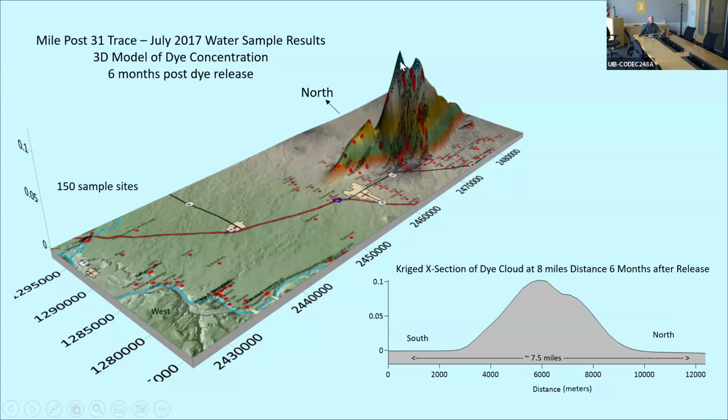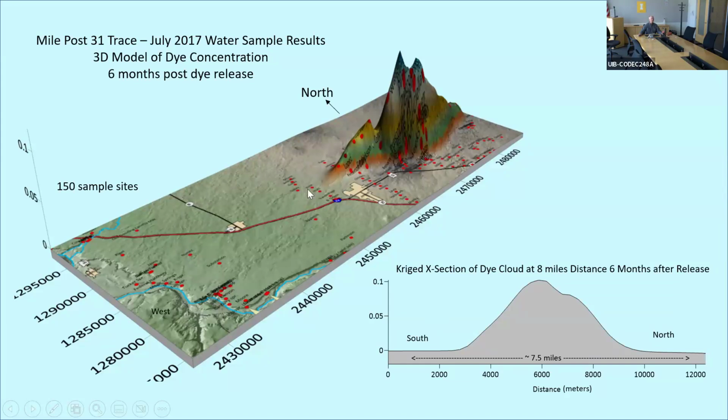And the dye cloud is moving through longitudinally in a very bell-shaped curve. And then again, a modeled cross section at the 8-mile distance shows a very nice bell-shaped curve in that dye concentration. And then this is just located or draped on top of a land surface DEM.